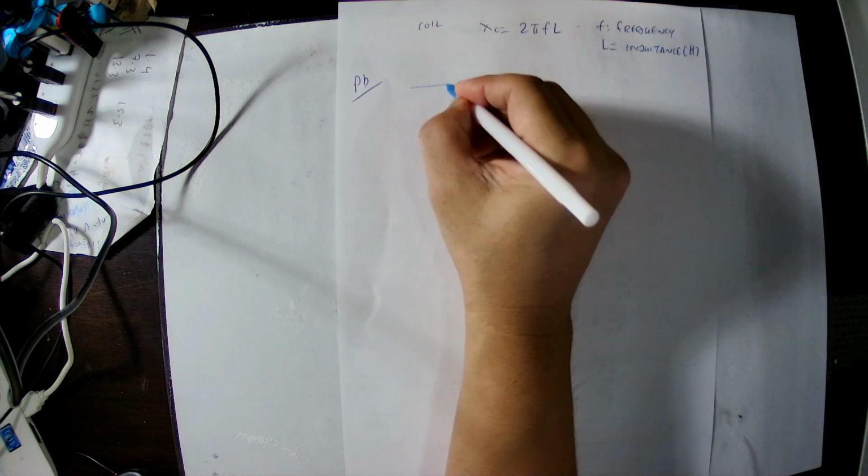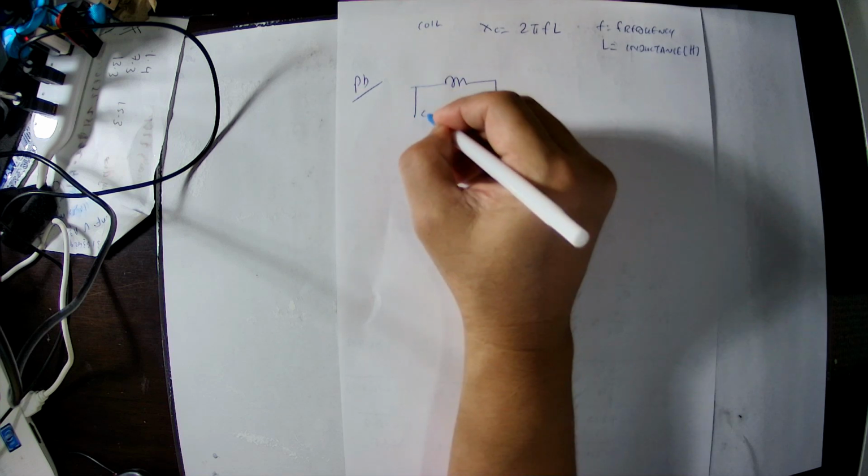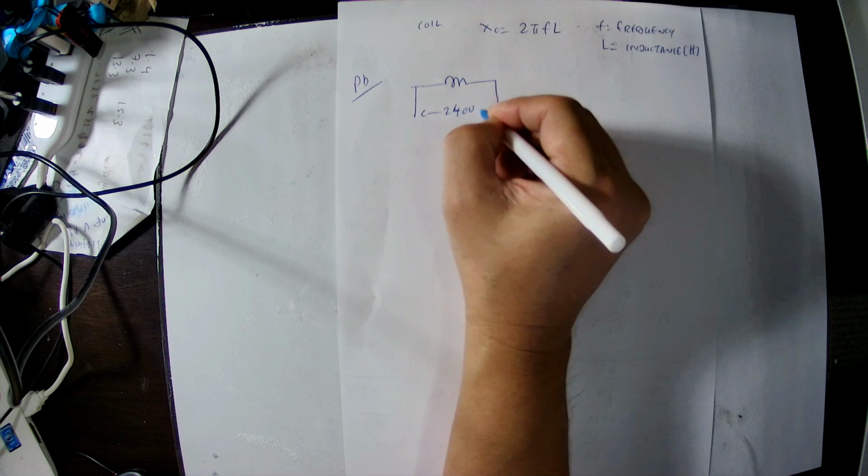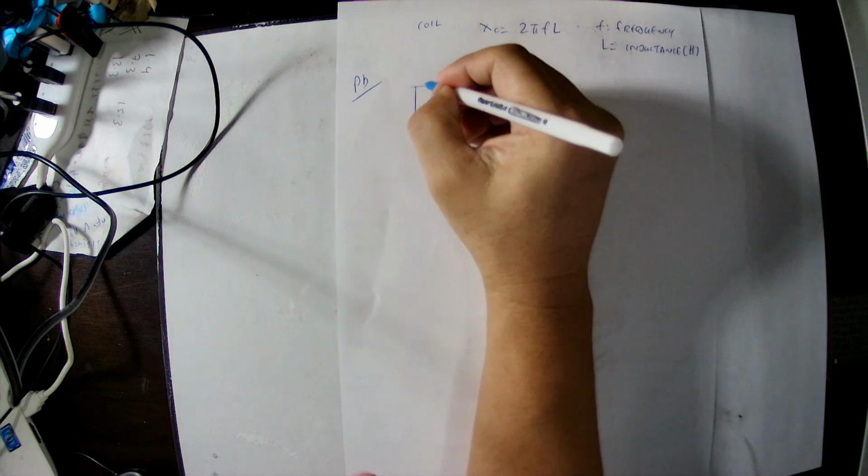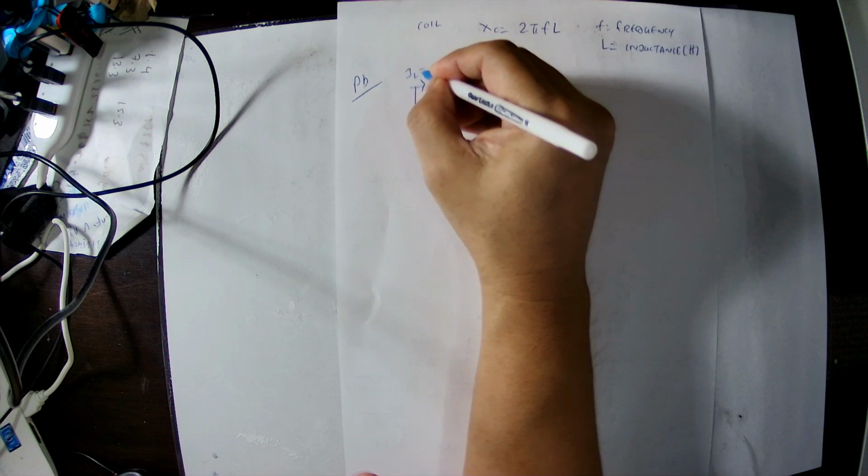When connected to a 240 volt 50 hertz supply, an inductor draws 12 ampere, and we have to find out the reactance. So here we connect the 240 volt supply, the current is 12 ampere, and we need to find the inductive reactance.